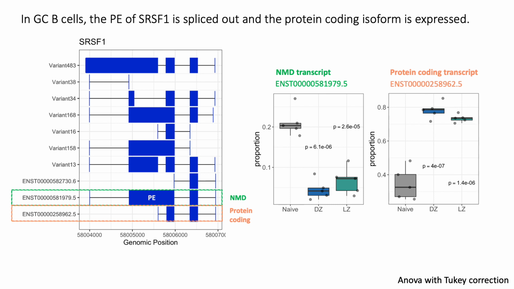When we checked the expression of these two transcripts across these three populations, we could observe the nonsense-mediated decay transcript was more upregulated in the naive B cells. When the B cells enter the germinal center reaction, they lose the expression of the NMD transcript and they start to express the protein coding transcript of SRSF1, which then gives rise to expression of SRSF1 protein.